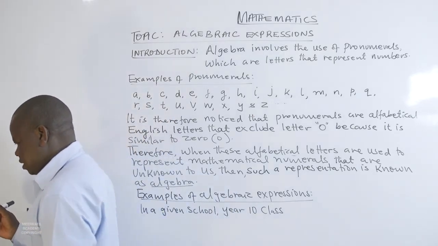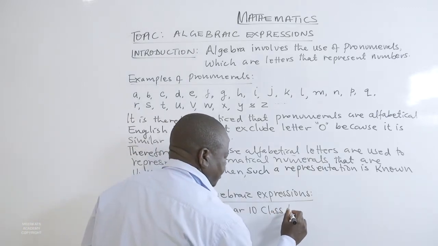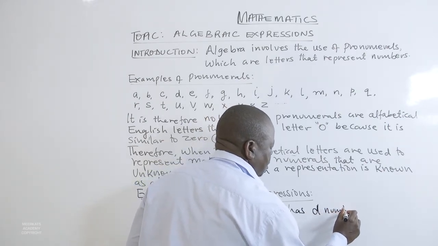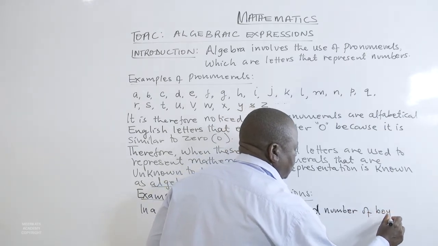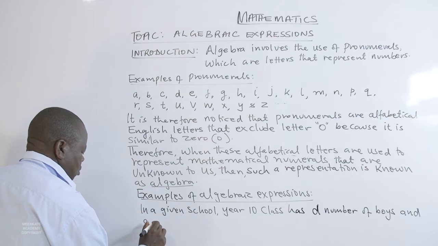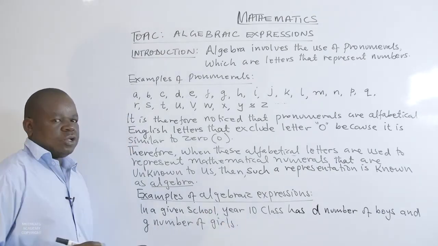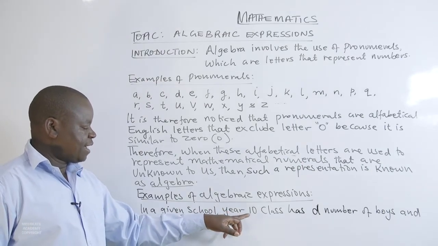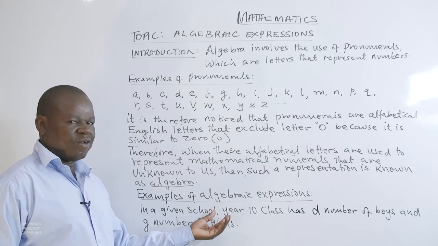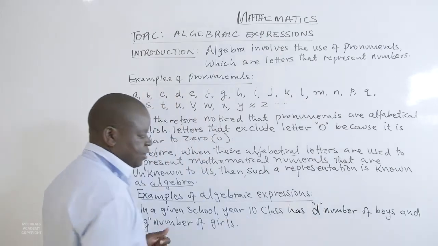An example: we can say that in a given school, the year 10 class has D number of boys and G number of girls.